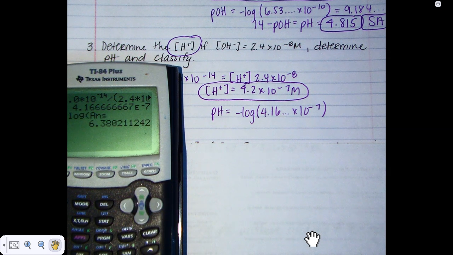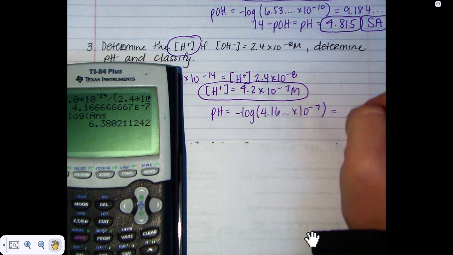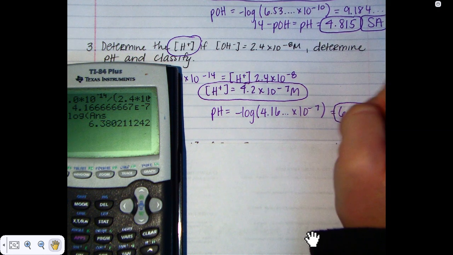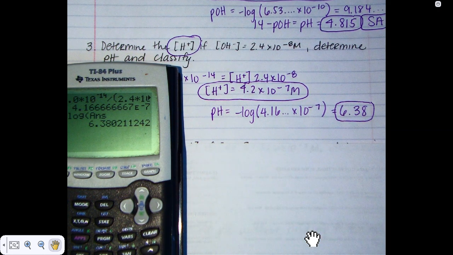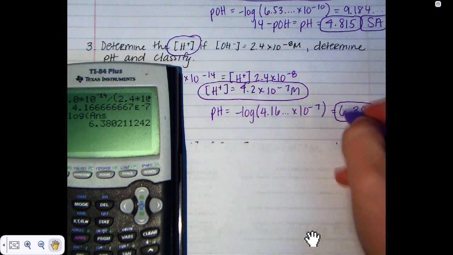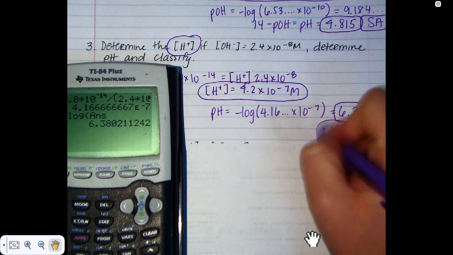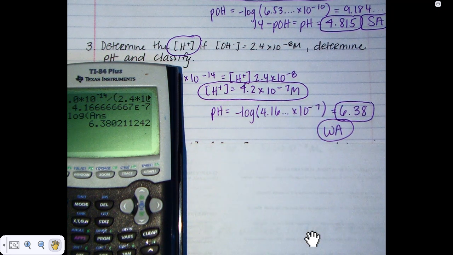All right, I had 2 sig figs, so I need 2 decimal places, 6.38. And then in terms of classification, this is greater than 5, so this is going to be a weak acid.